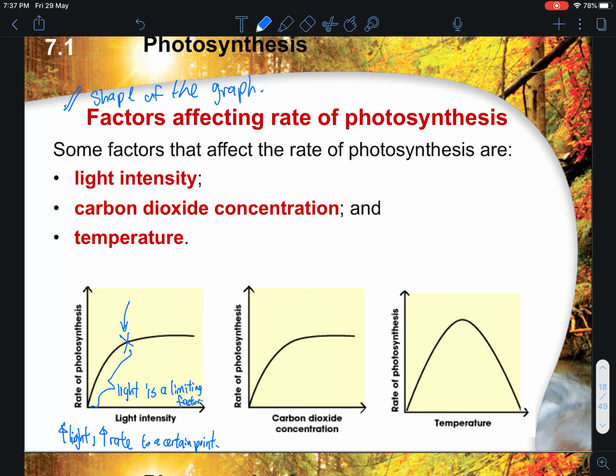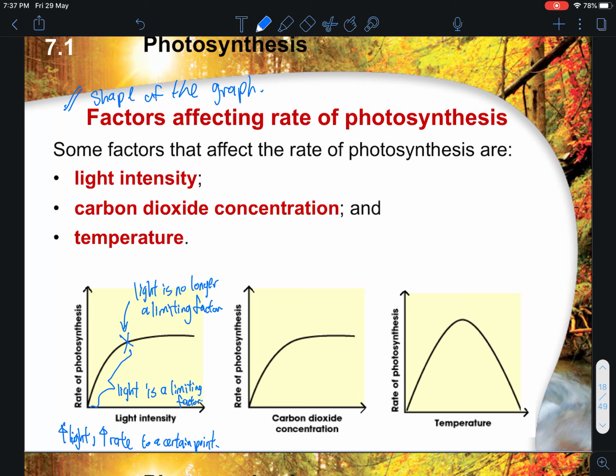What is meant by limiting factor? A limiting factor is basically a condition that would actually influence the rate of photosynthesis. It will limit the rate of photosynthesis. It will control the rate of photosynthesis. But as you can see, at any point after this area here, the mark X, light is no longer a limiting factor.